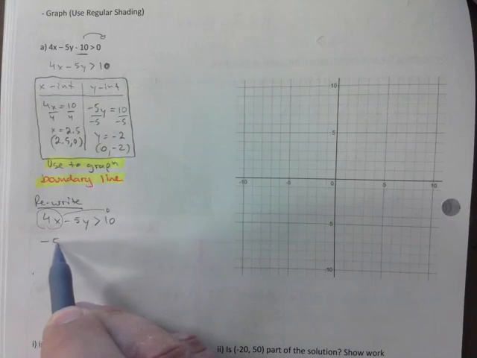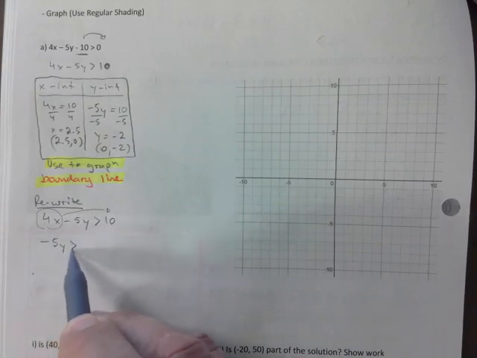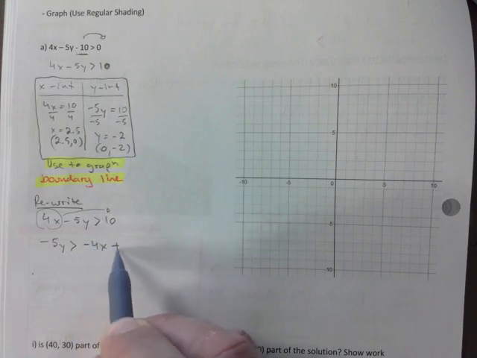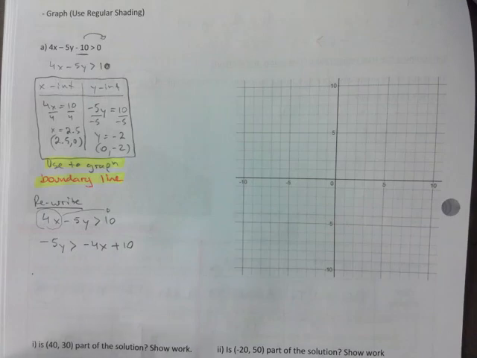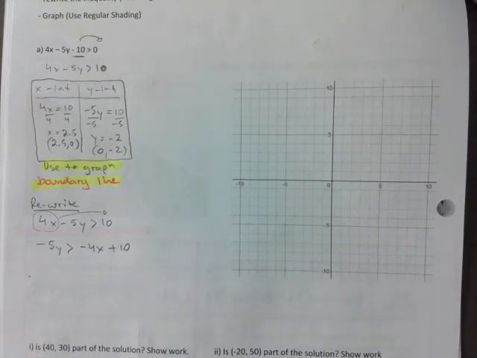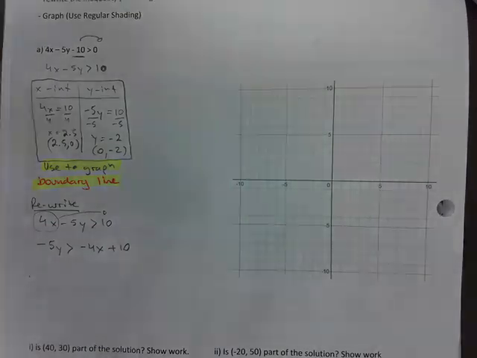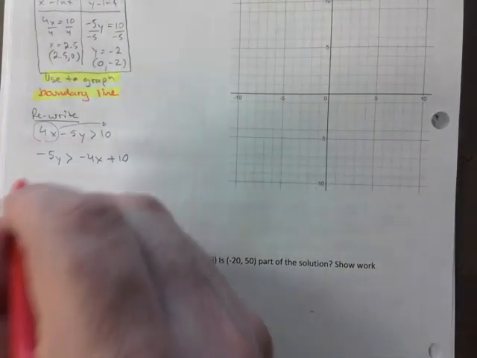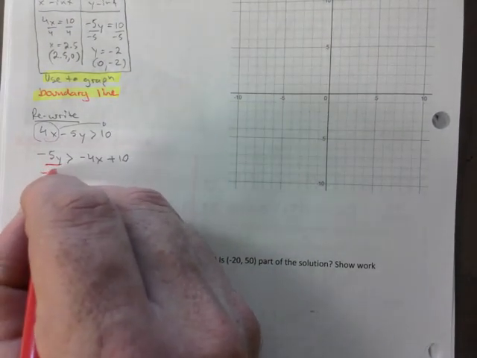So negative 5y is greater than or equal to negative 4x plus 10. And now I need to divide by negative 5. So I'm dividing by a negative 5.